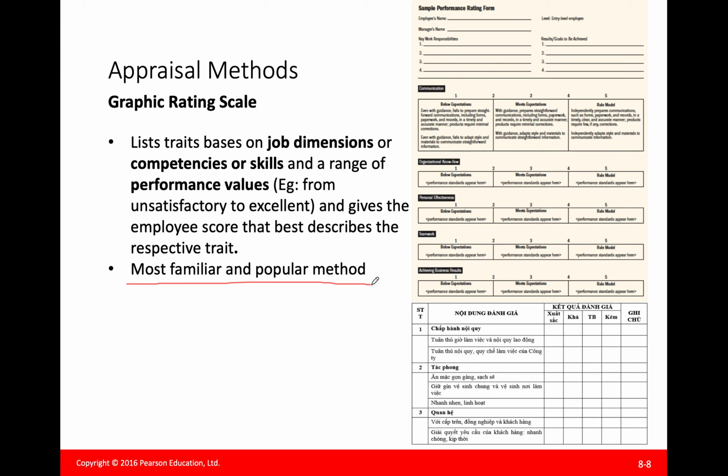What is this method about? Look at the information here. Communication here, organizational know-how here, personal effectiveness here, teamwork, and achieving business results. So those are the job dimensions that we mentioned earlier, or the requirements in a job that this person needs to perform. So there is a list of job dimensions and competencies or skills like this.